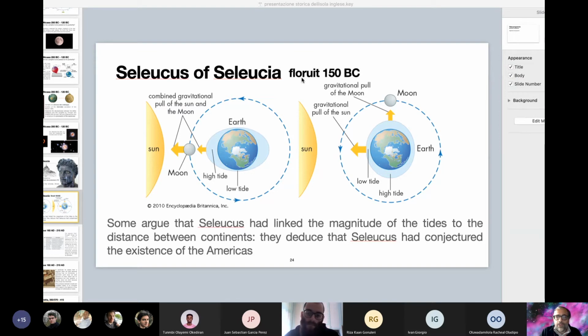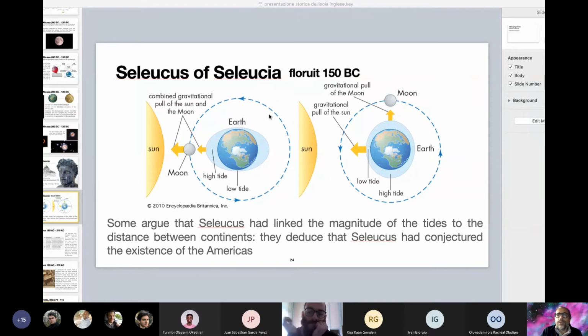So Seleucus describes the low tide and high tide phenomenon, because you know you have some high tides which have a very large amplitude, some high tides which have a smaller amplitude, and you have low tides which have smaller and higher amplitude.